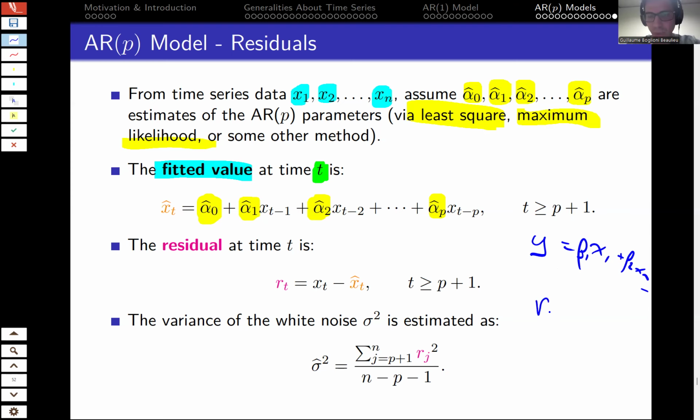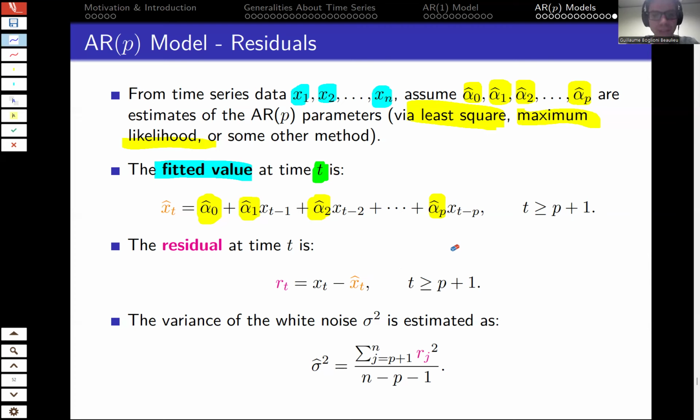Your residual in linear regression, often denoted rt, would be yt minus y hat, the prediction of what y would be. But for us, our residual is xt, the actual observation, minus its fitted value, or its prediction according to the model.